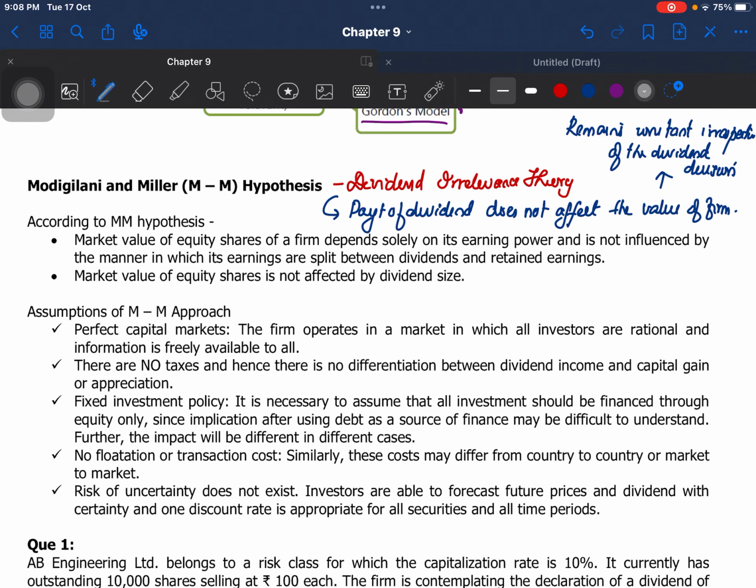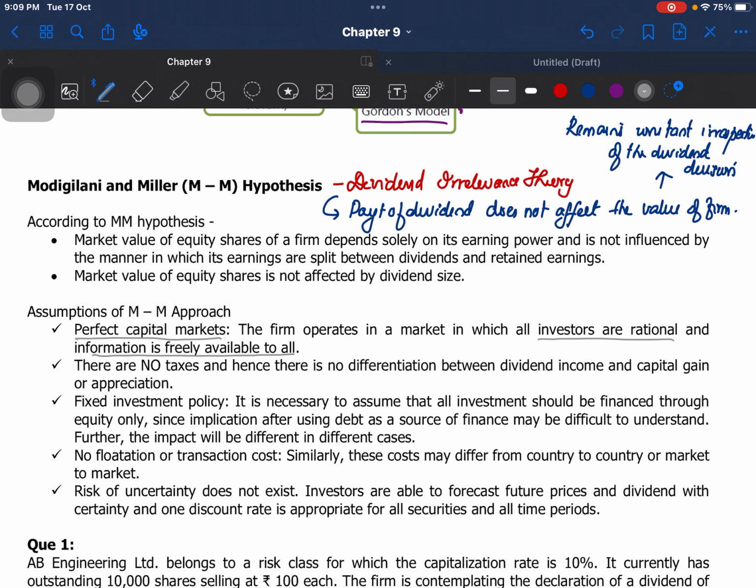The first one: this theory assumes perfect capital markets. A perfect capital market is a market in which all investors are rational and information is freely available to all. It means that whoever the investors are, they have access to free and fair information.